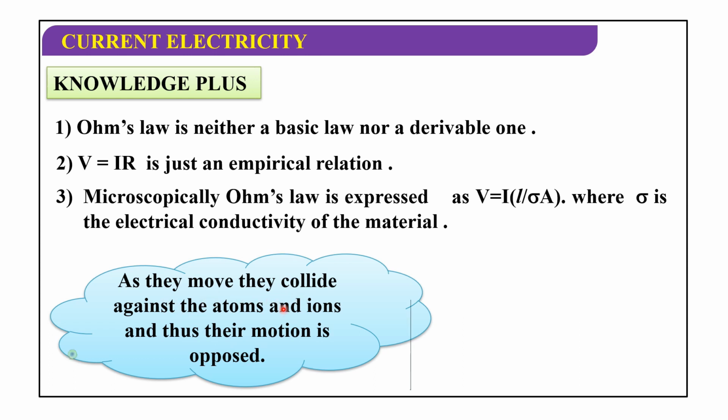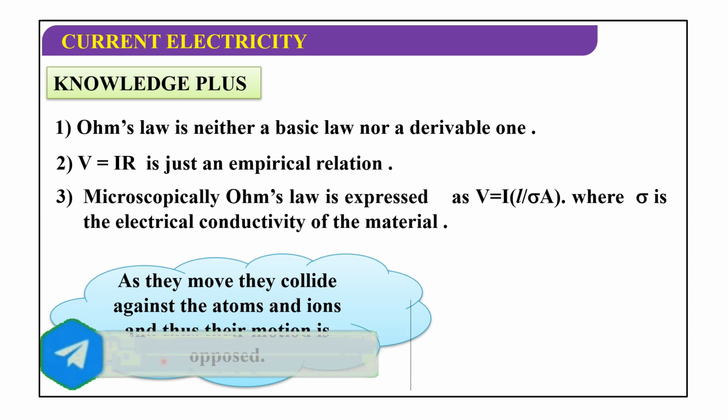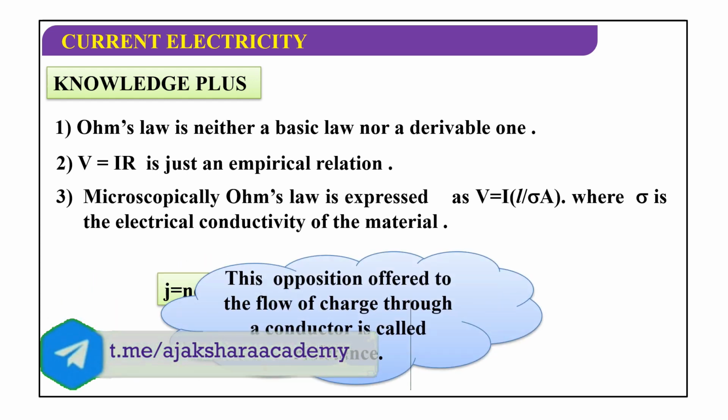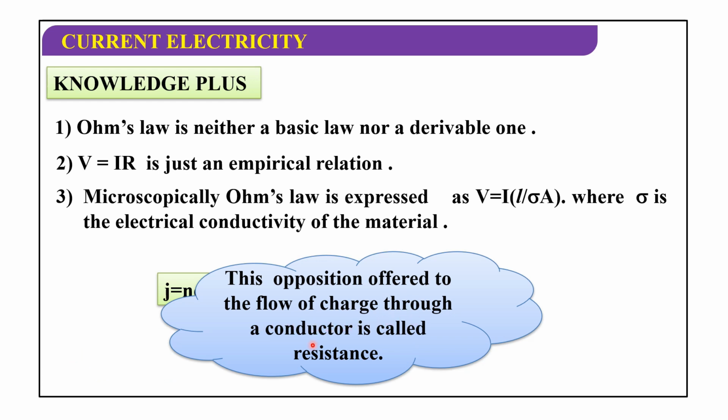As they move, they collide against the atoms and ions, and thus their motion is opposed. So this opposition offered to the flow of charge through a conductor is called resistance.